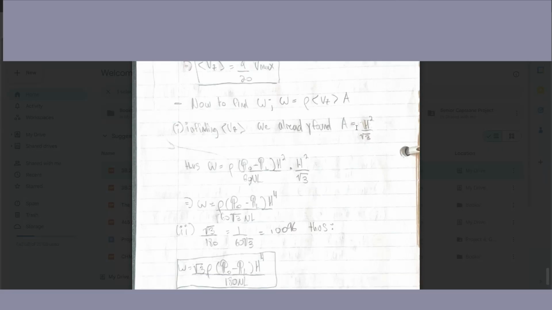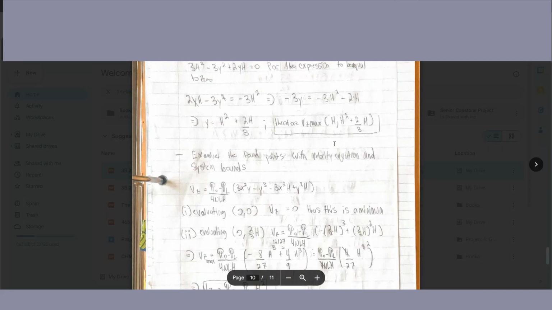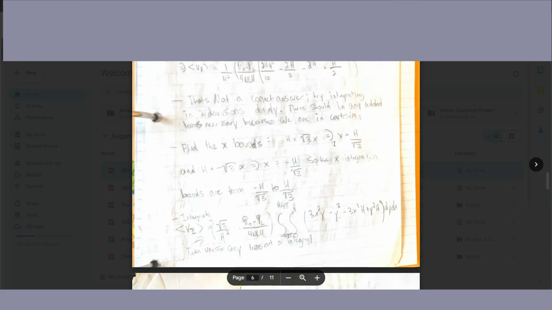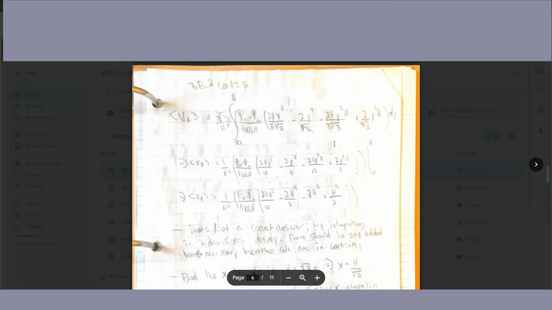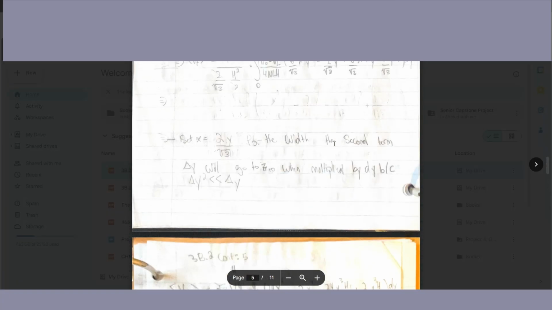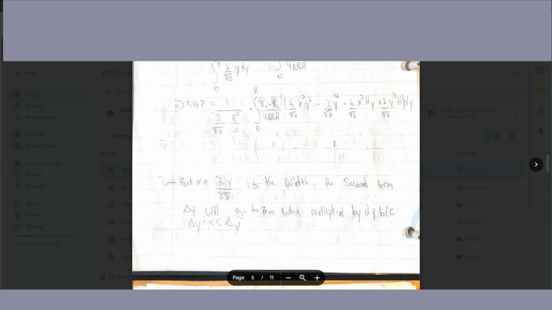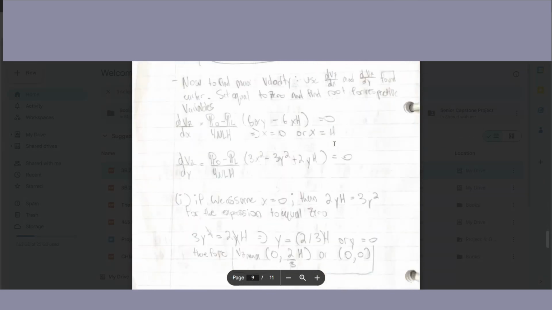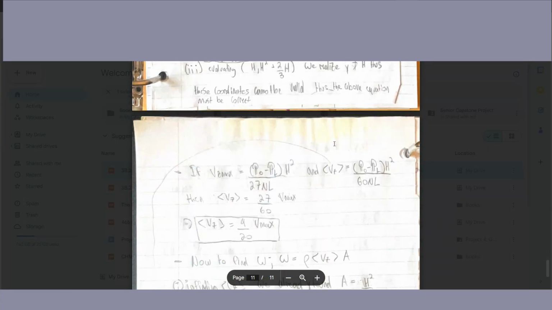Oh, I guess that's from the integrating earlier. I guess somehow the A was right, but my integration was wrong. I probably just made an integration mistake and it just wasn't working out originally.